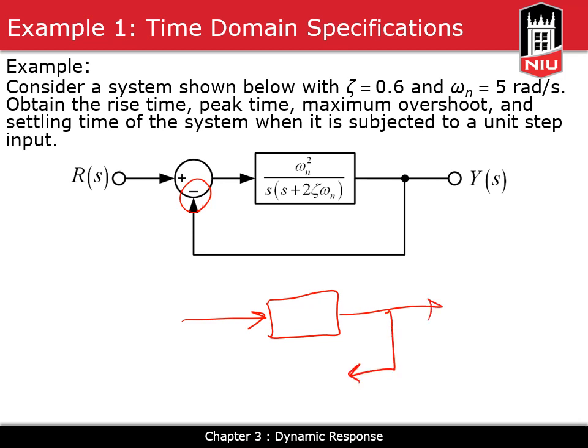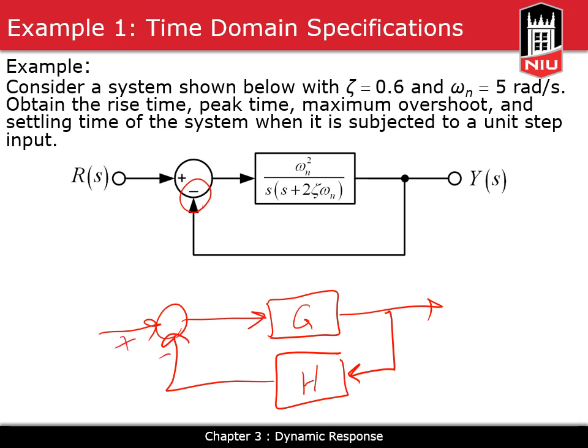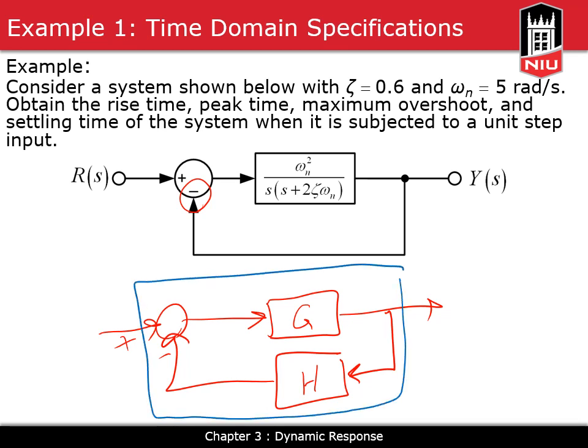For a feedback loop like this, where the feed forward transfer function is G and the feedback is H, and the feedback is negative, the equivalent transfer function will be G over 1 plus GH.